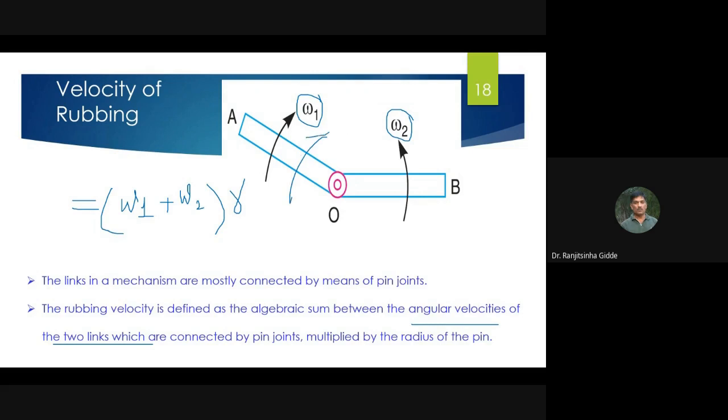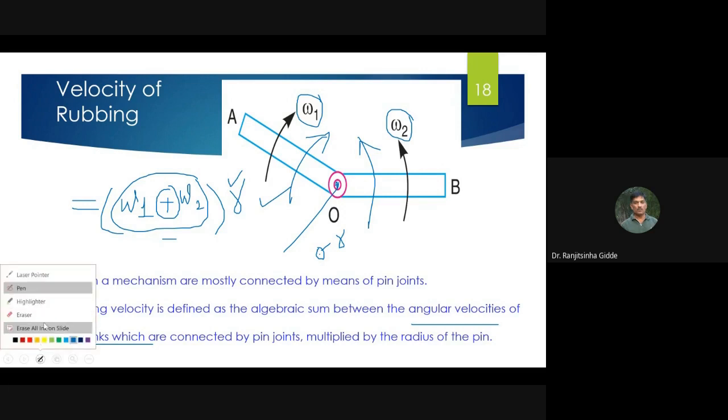One is in clockwise direction, the other one is in anti-clockwise direction. So depending upon the sign convention, there is a plus or minus sign, and the remaining thing is nothing but the radius of this pin. This one is the pin, and this pin will have some radius that we write outside this circular bracket.